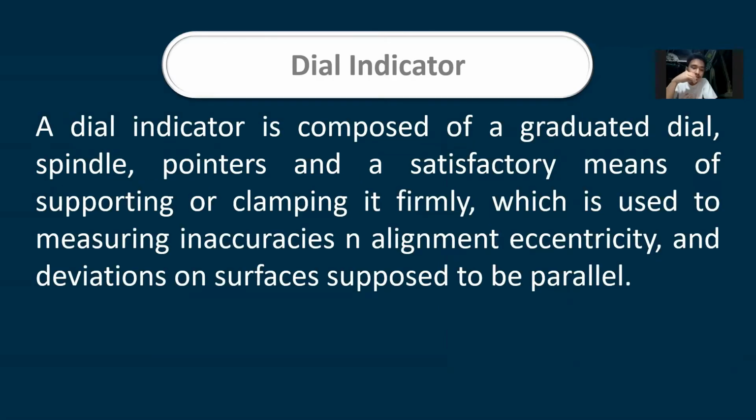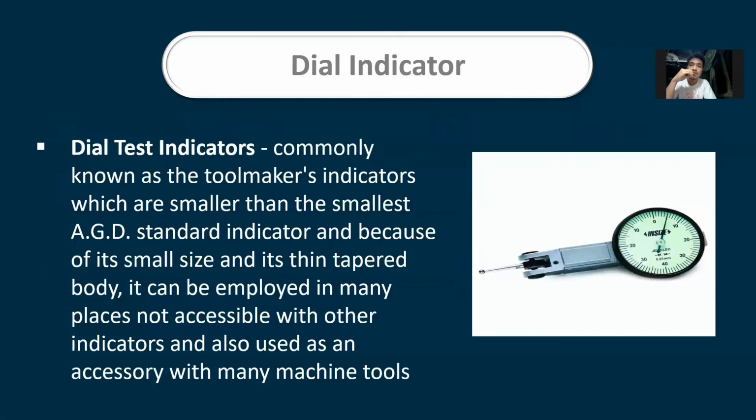Dial indicator, which is composed of a graduated dial, spindles, pointers, and a satisfactory means of supporting or clamping, which is used for measuring accuracies, alignment, centricity, and deviations on surfaces supposed to be parallel. So under this dial indicator is the dial test indicator.